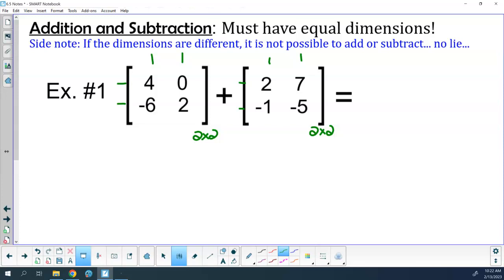So being that they are the same size, we simply add the corresponding elements together.